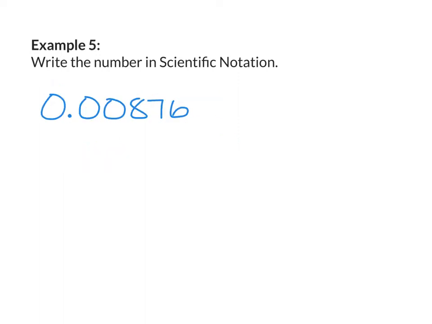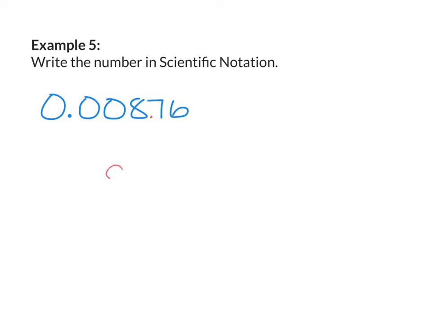Example 5. Write the number in scientific notation. I can see that this number is less than 1. Since it's less than 1, my exponent is going to be negative. Now, in scientific notation, my decimal is always going to be after the first non-zero digit. So it's going to go after the 8.